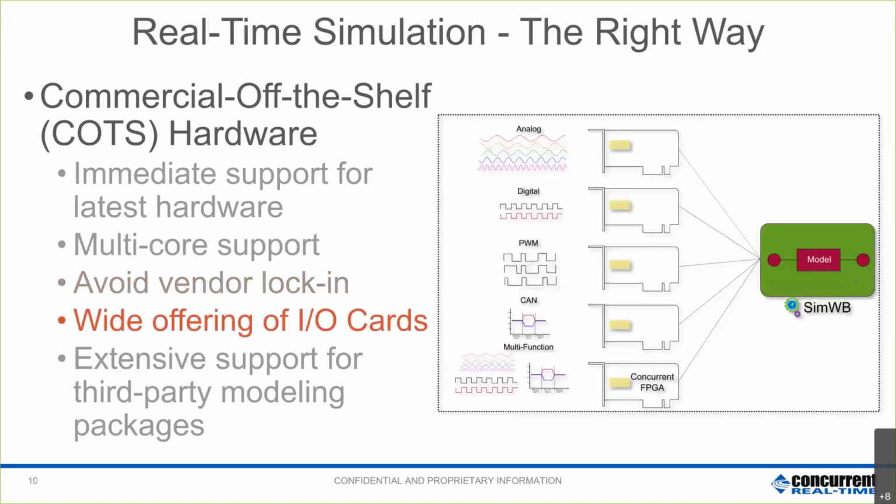We also support a wide variety of I/O cards. Because of the commercial off-the-shelf nature, we support many I/O cards available in the market that are best for the job our customers require. We also have our own I/O cards that are very advanced, relatively cheaper, and better performing. We do have a big variety of I/O cards available. So why is this useful? I talked about FADEC development and chassis development.